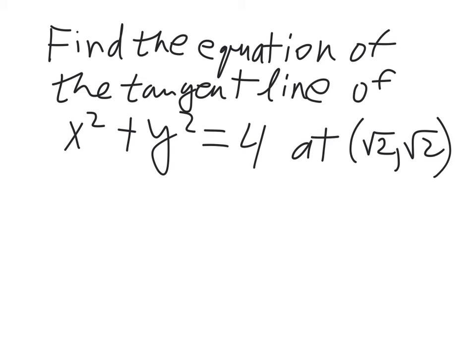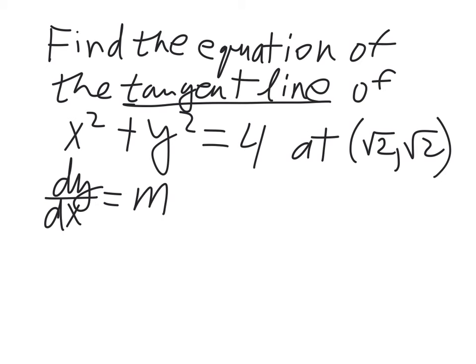So do the implicit differentiation, then dy by dx in this case would represent what? Okay, since we're dealing with the tangent line, that represents the slope of the tangent line.